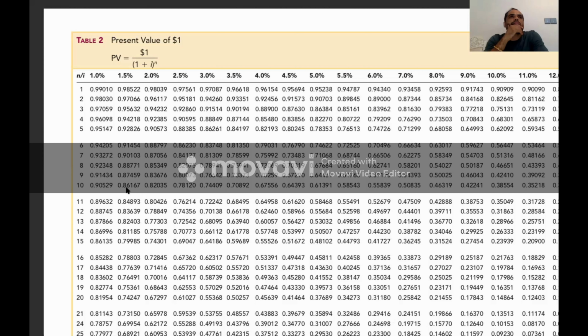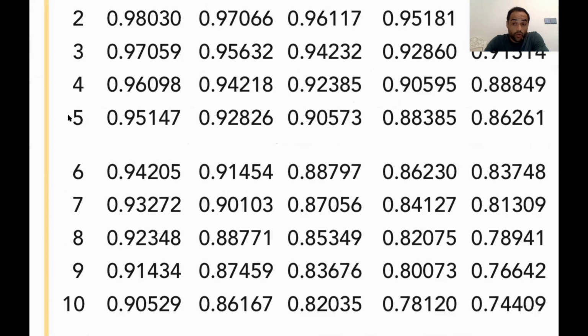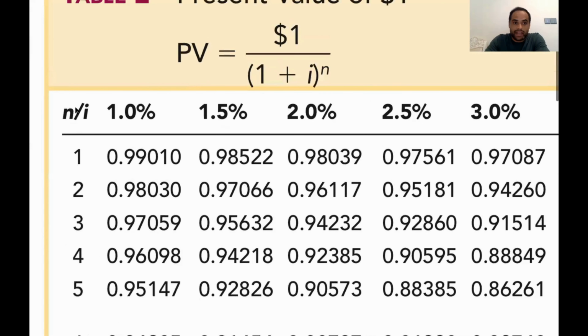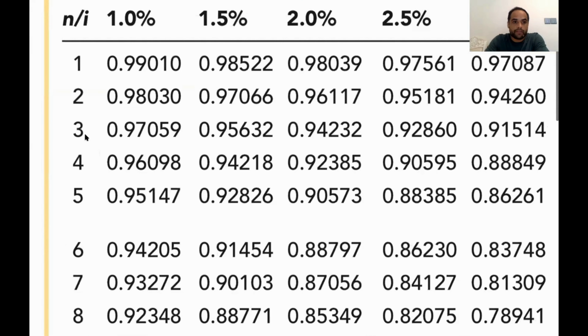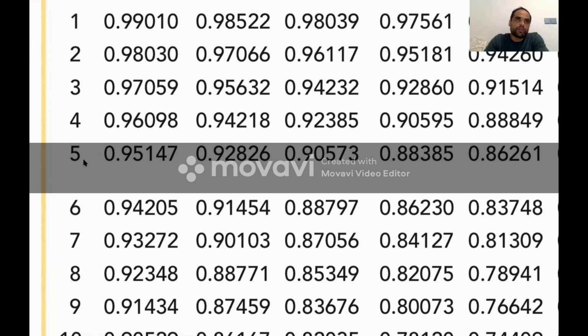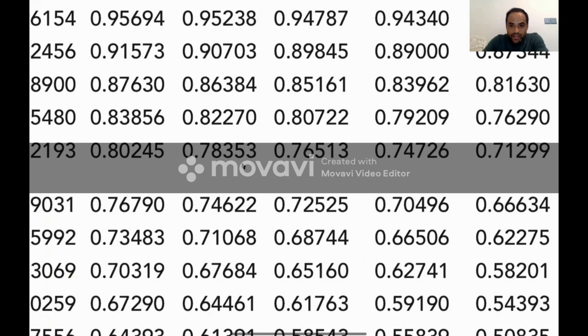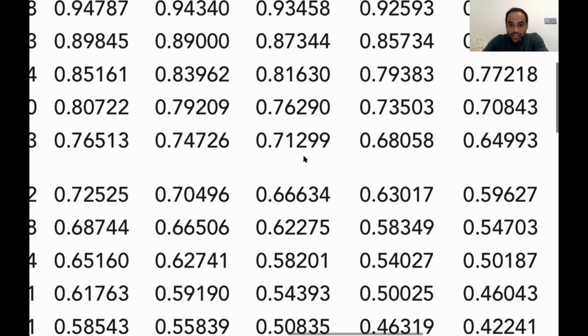Now, what was the number? 0.693, right? And time is 5 years. All right. So now we go to the fifth row, only the fifth row, because time is 5. So here n is the number of years, right? Time 5. So we will find 0.693, the closest number. 0.69, this is 78, 76, 74, 71, 69.